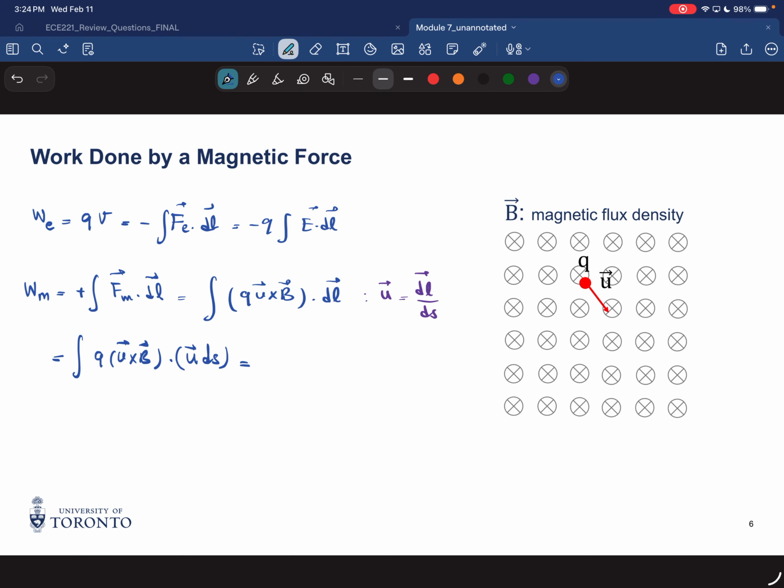Exactly. U cross B, whatever vector it is, you know that it's perpendicular to U. So I'm going to call this vector A. This is perpendicular to B and to U. So if A is perpendicular to U, then A dot U is going to be 0. So when the magnetic force changes the direction of this Q, it's not actually doing any work.